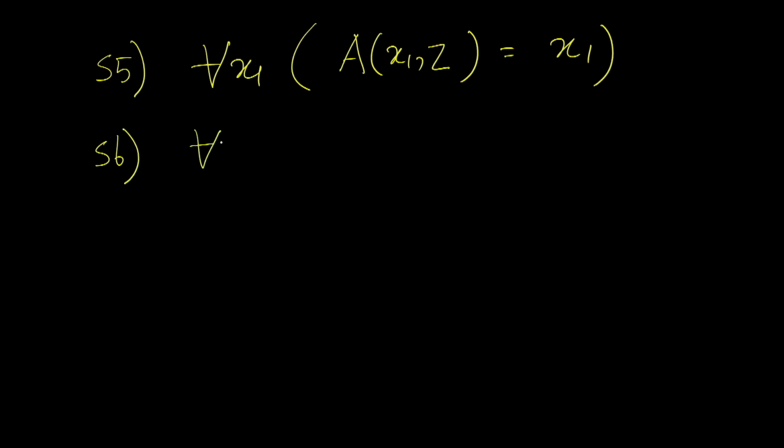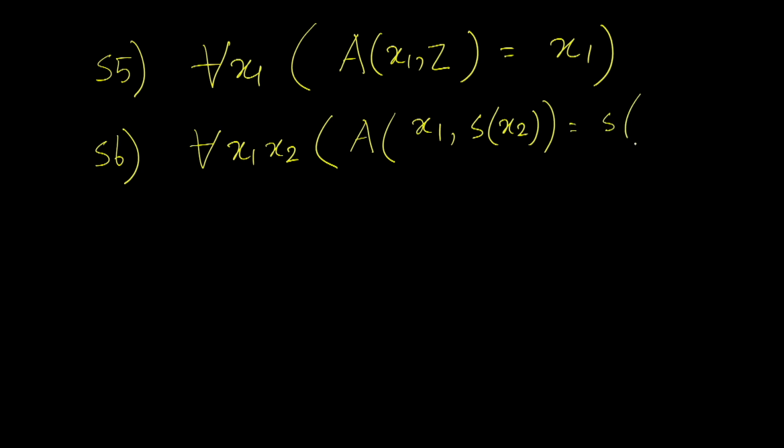The sixth axiom says that for every x1, x2, a of x1 and the successor of x2 is the same as the successor of a of x1 and x2. Now probably you can guess where we are headed. What is the meaning of a?